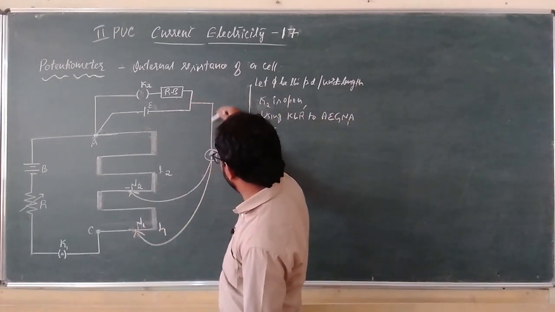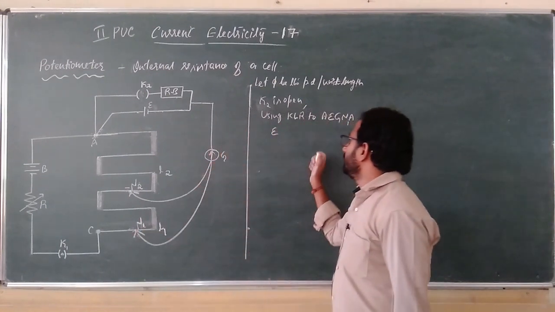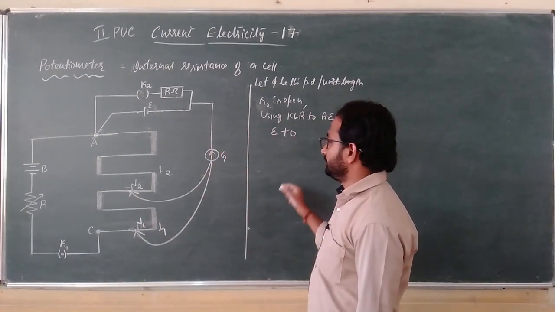Therefore the potential drop across the galvanometer is 0.